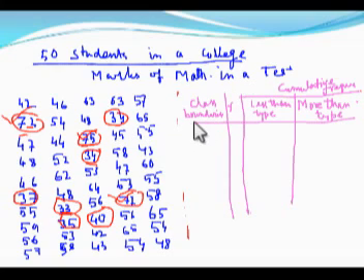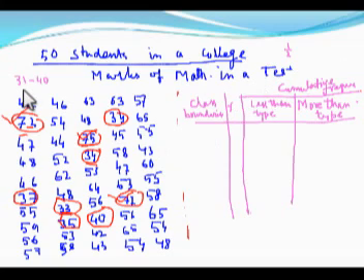The class limits we have taken are 31 to 40. We use 1 by 2, that is half, for the class boundaries.